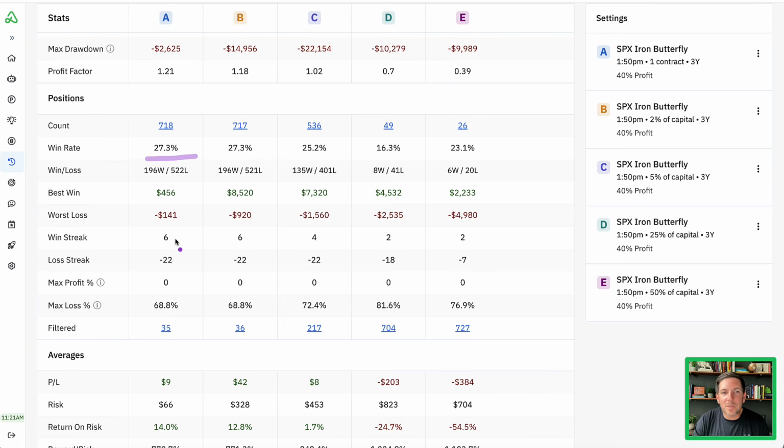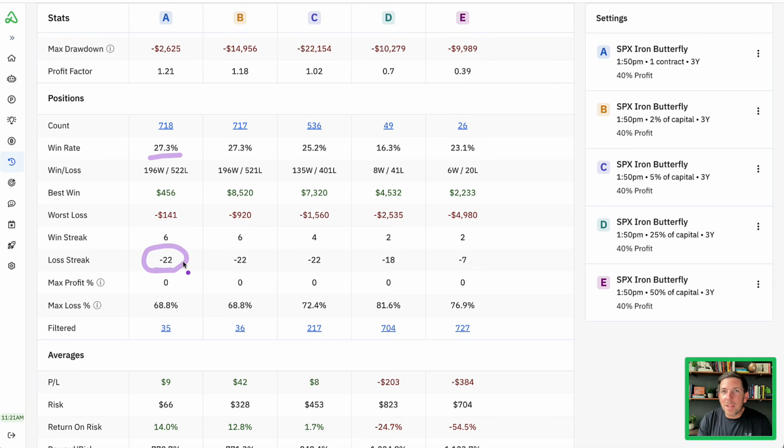So you did have these periods where you won 6 times in a row and you had some good wins, but your losses were very much high consecutive loss trades, which means that you got yourself into a strategy where you knew at the beginning you might have a run of losing trades. In this case, because it was a low win rate strategy, it was a very long losing streak that you could have gone into, in this case, 22 losing trades in a row.